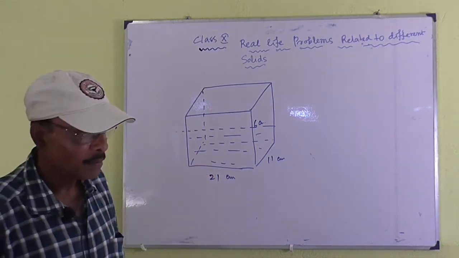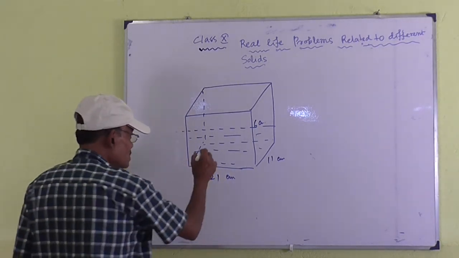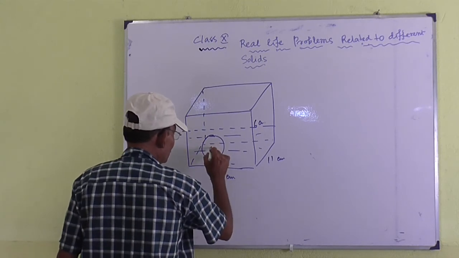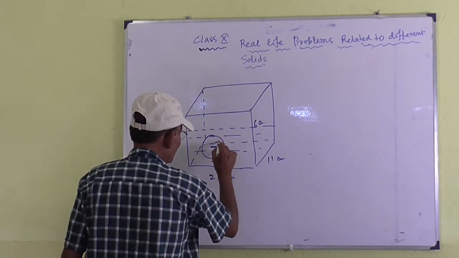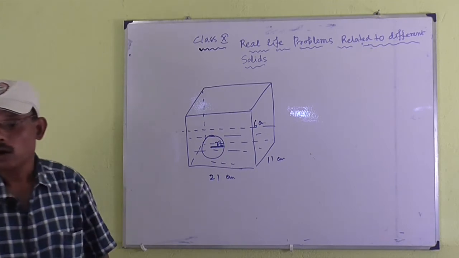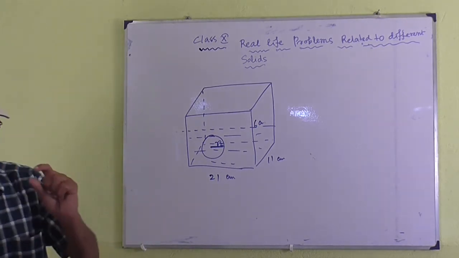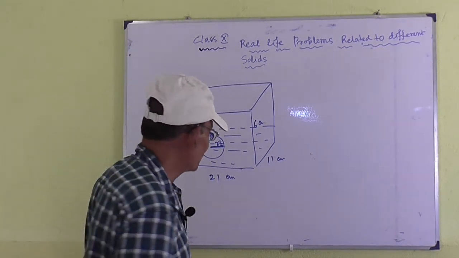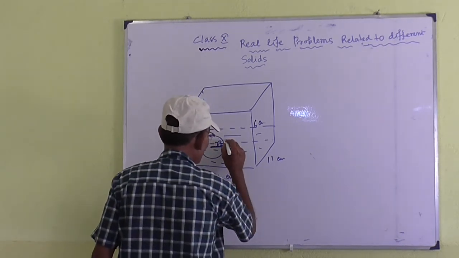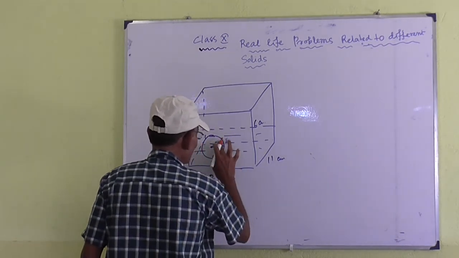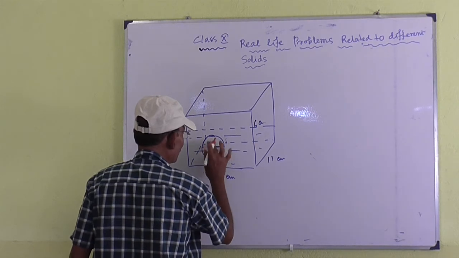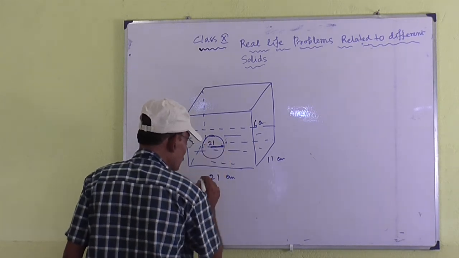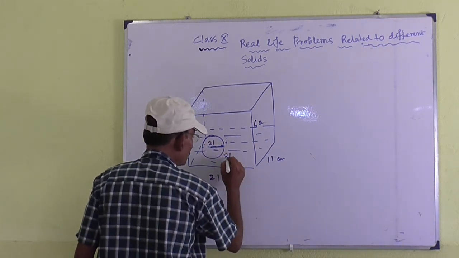Clear? But it is given that the radius of the small balls is given. Sorry, it is given that the diameter is 21, so the radius is 21 by 2.